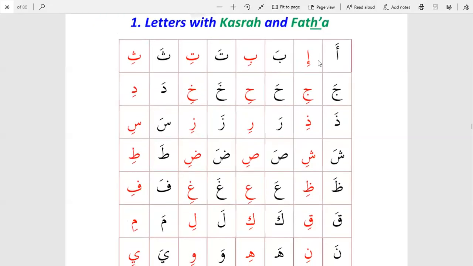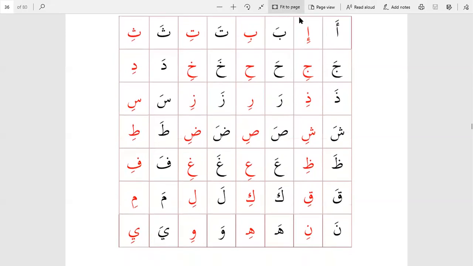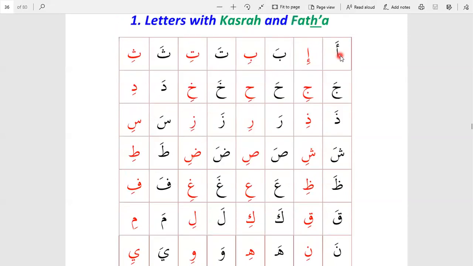If we read through these letters, what we're gonna see is this will be a, i, ba, bi, ta, ti, tha, thi, ja, ji, ha, hi, kha, khi.